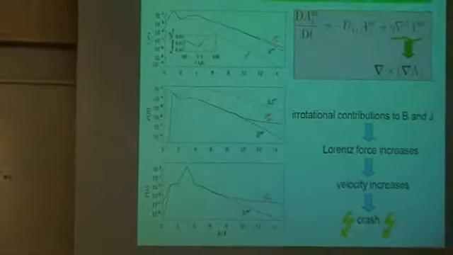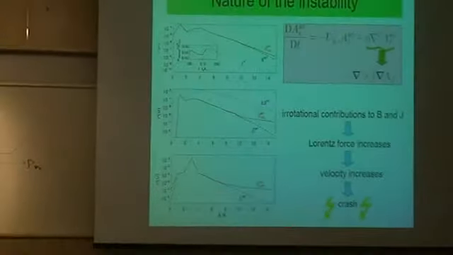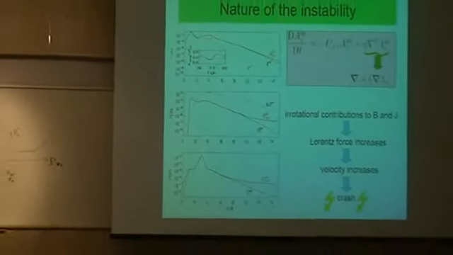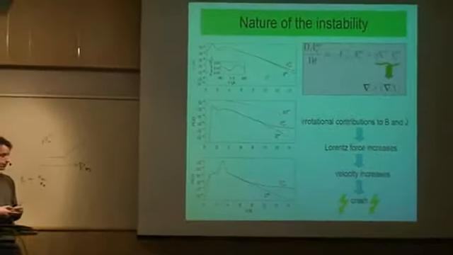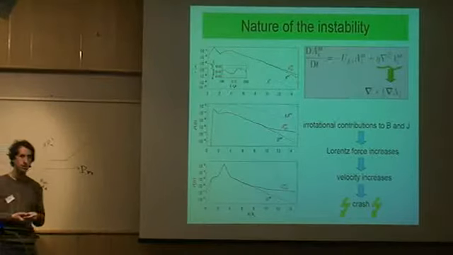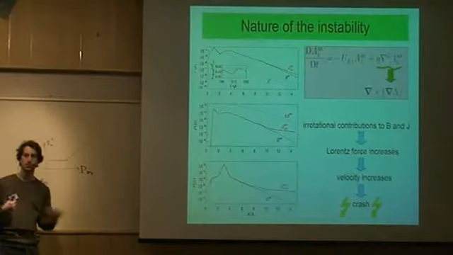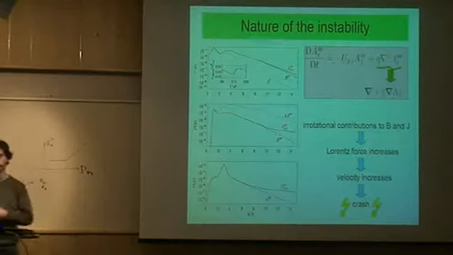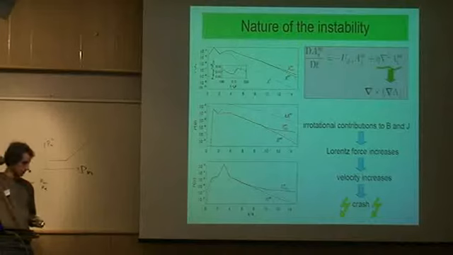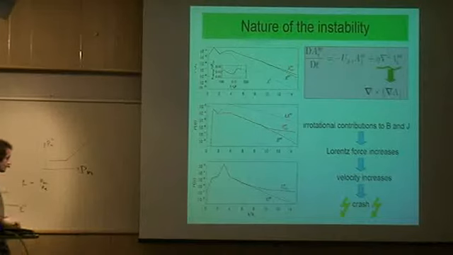And this is why we get some spurious contributions to the electric current density, which adds spurious contributions to the Lorentz force and additional motions, and this eventually leads to the crash.